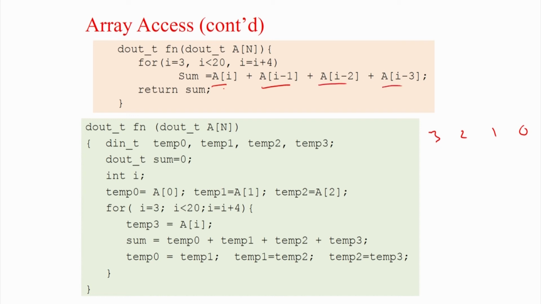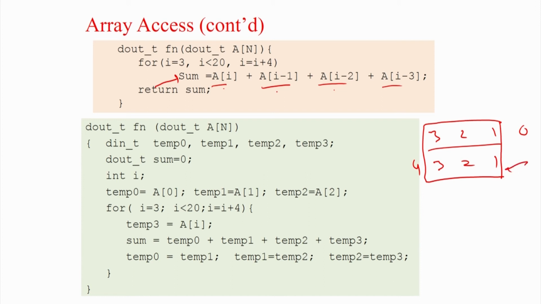In the second iteration, when i equals 4, I am reading A4, A3, A2 and A1, so 4, 3, 2, 1. You can see these 3 elements are common. I am reading them 2 times unnecessarily: in iteration 1 I read them, and again in iteration 2.